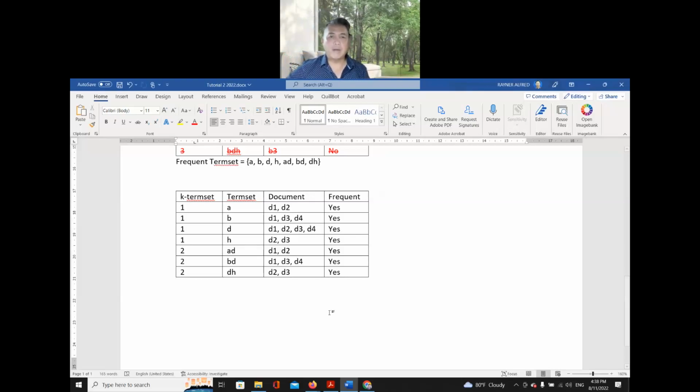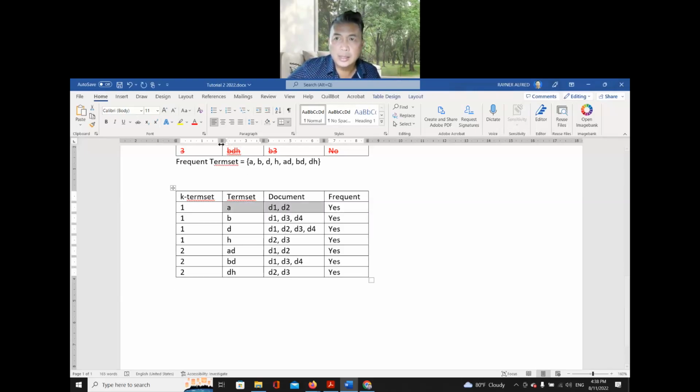But if I want to simplify my calculation, then I will look for a similar document that consists of some of the term set. Okay, so for example, I use color, so I will use the green one or the orange one.